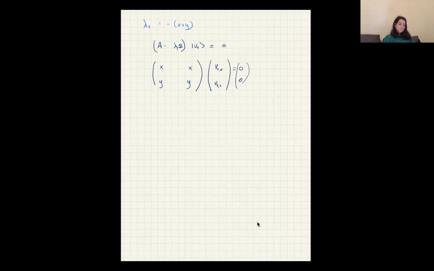Well, if you multiply them, you'll see that your v_1 is essentially 1, minus 1, up to normalization. Okay. Good. So now what do we have left to do?